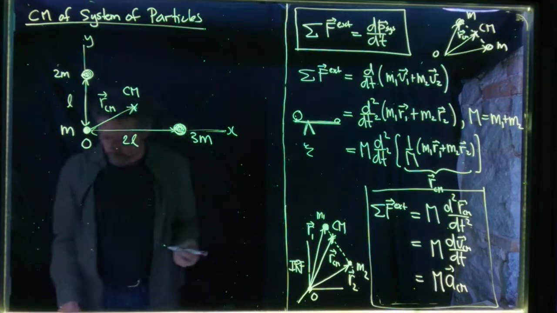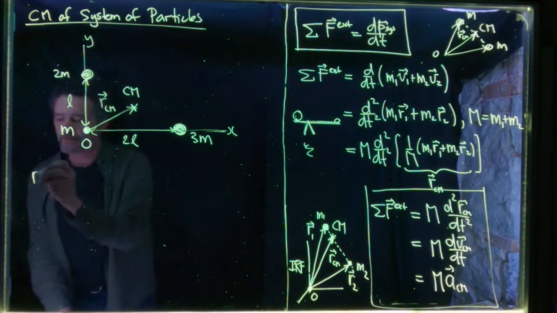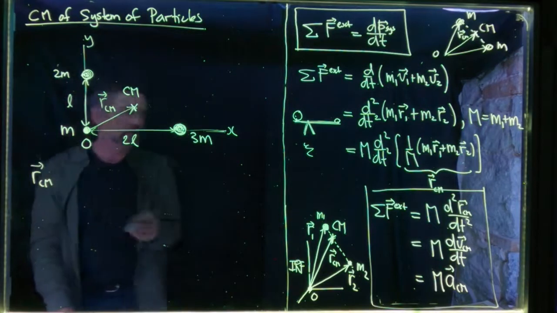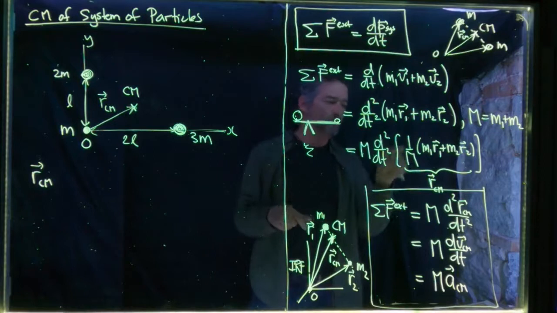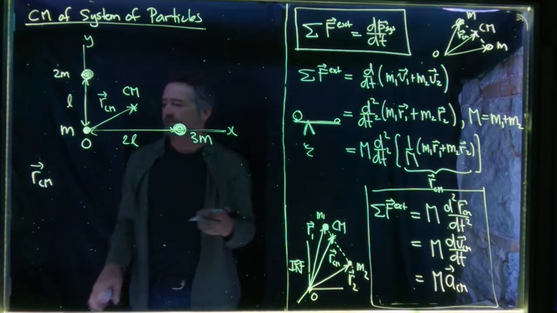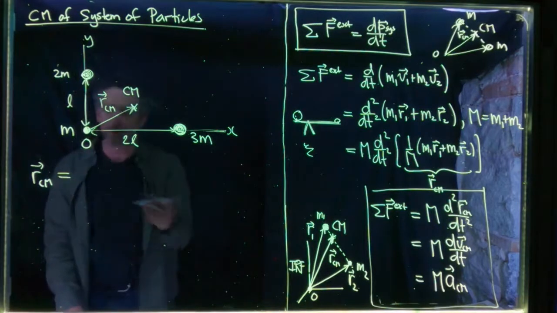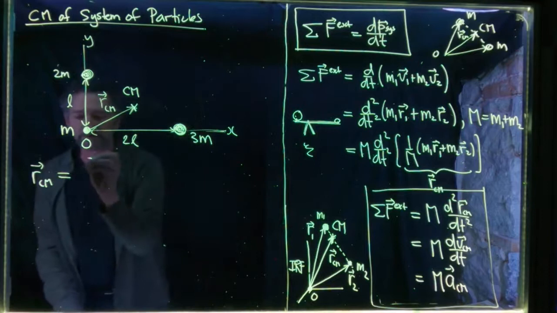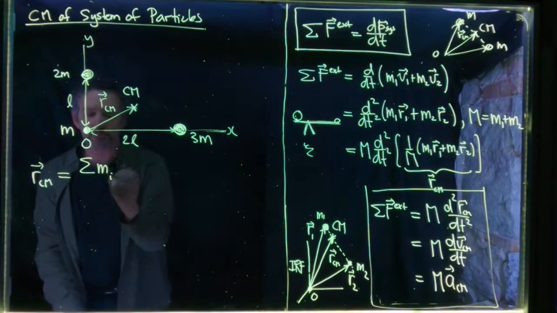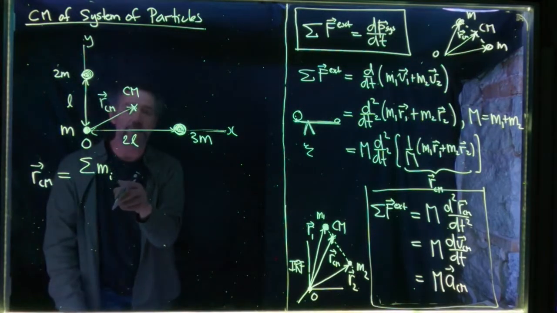Well, what we did here was a special case with just two particles. RCM is 1 over the total mass times the mass-weighted sum of position vectors. So RCM in general, we can just generalize this. It's a sum over the individual masses mi, where i is an index that goes like 1, 2, 3, so this is m1, m2, m3.